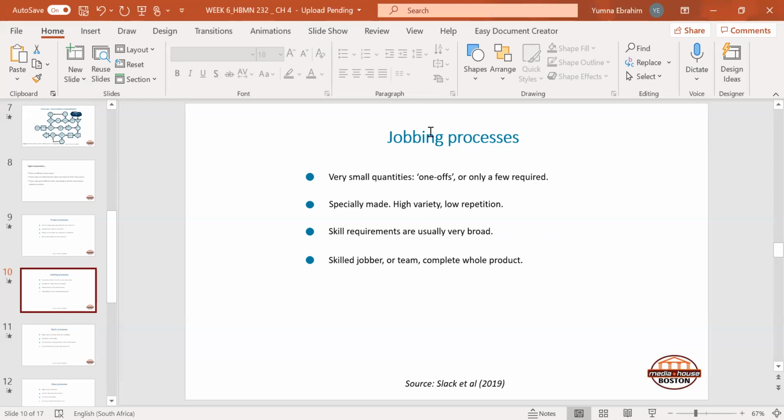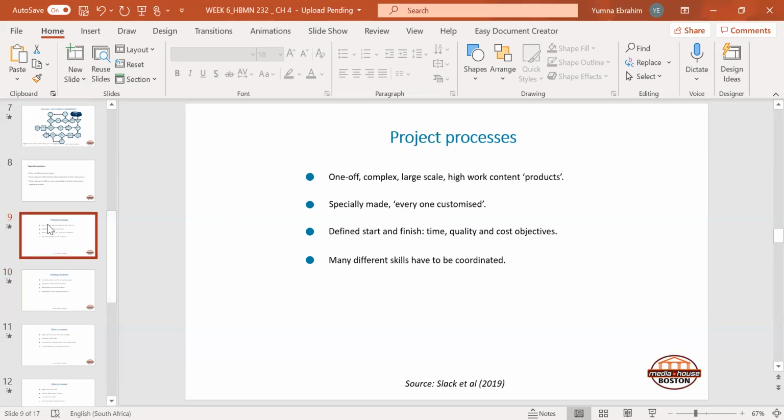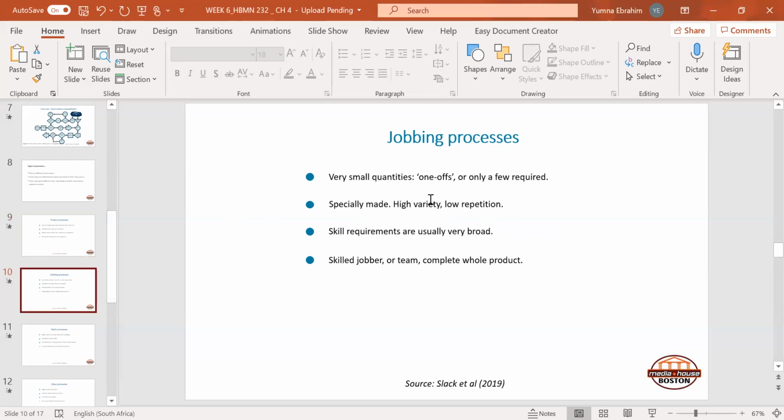Okay, so the difference here from the previous one is that there's no set start and end date. Specially made, everyone customized. Now here in the jobbing process, there is high variety, but there's low repetition. So some of the styles of wedding dresses can be the same, whether you want the big ballroom gown style, but generally they don't repeat as much, but the styles can be the same. So each wedding gown is a job, but they follow similar styles.